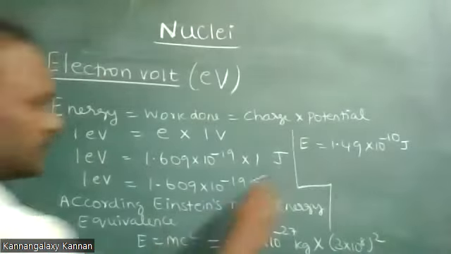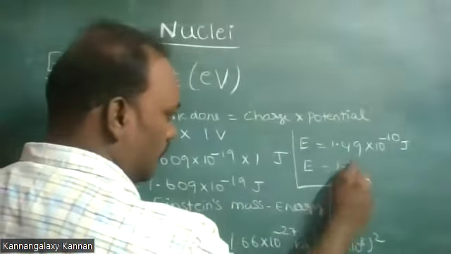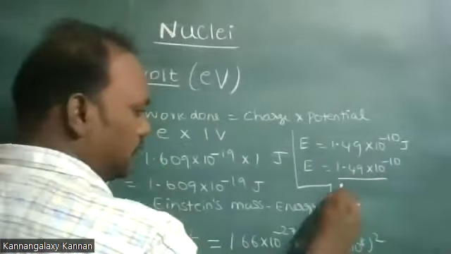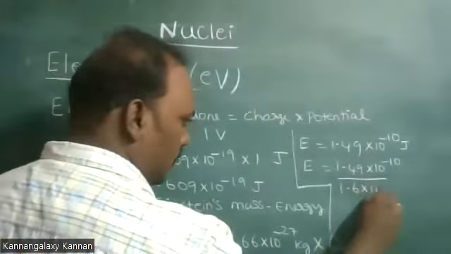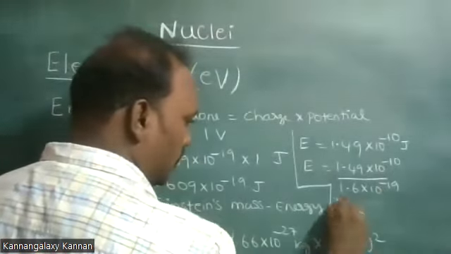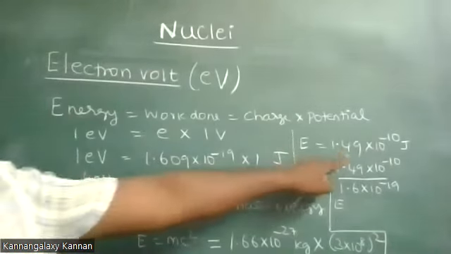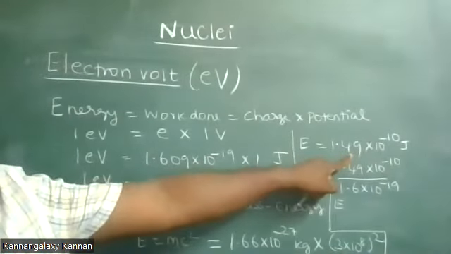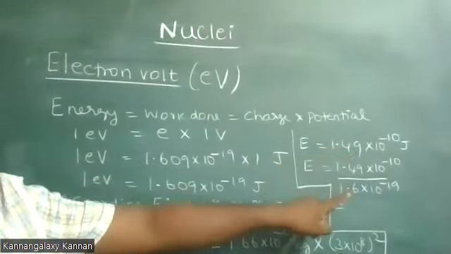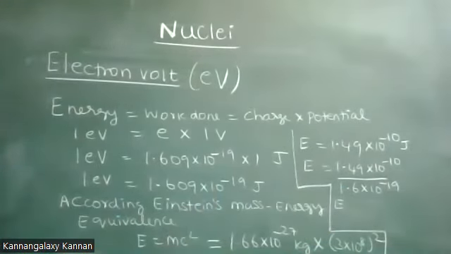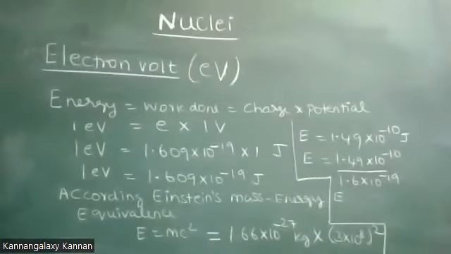When you divide this value by the charge of 1 electron, your answer will be converted to electron volt. Now energy is in joule. When you convert energy from joule to electron volt, you divide that value by the charge of 1 electron. The charge of 1 electron is 1.6 × 10^-19 coulomb.